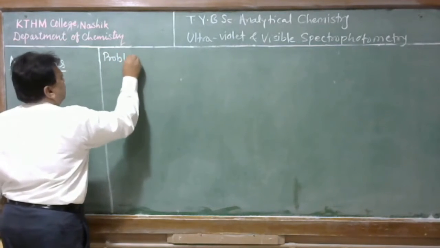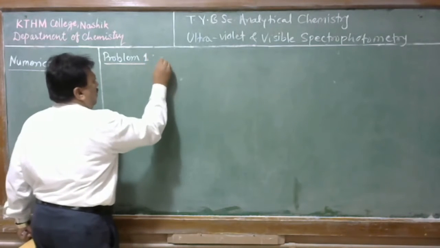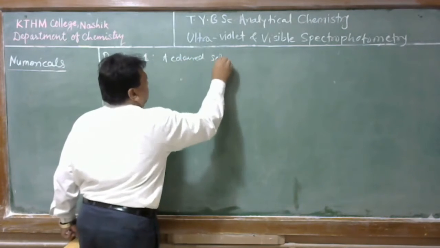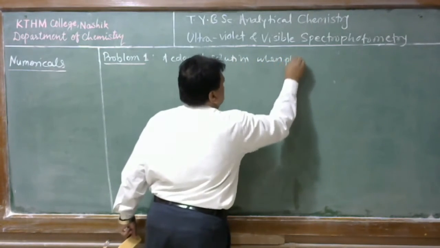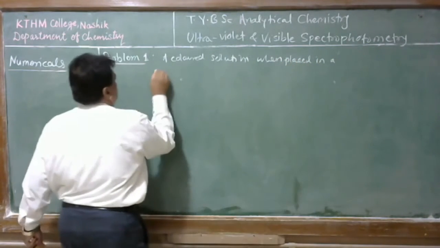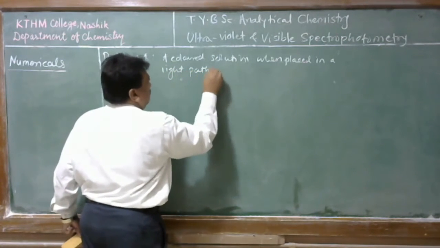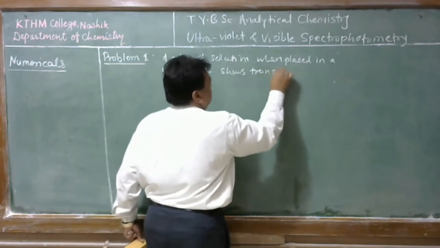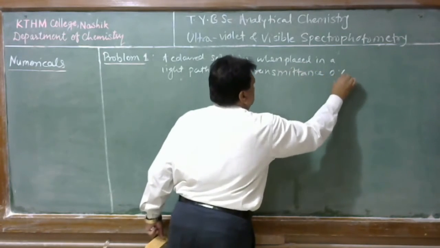Therefore, problem first. A colored solution when placed in a light path shows a transmittance of 0.4.